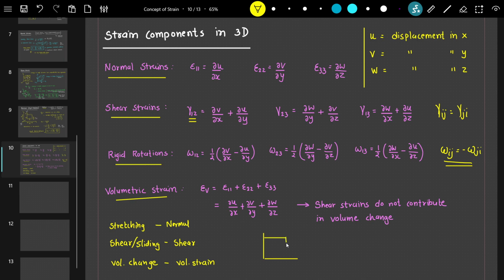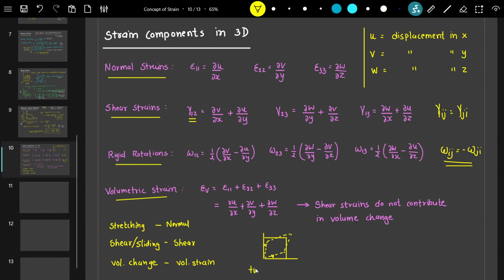This is undeformed shape. Okay. So this is decrease in angle between two perpendicular line segments, that is x and y axis. So that is change in angle.